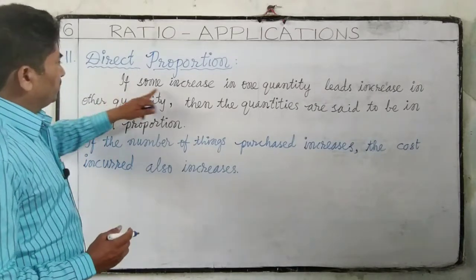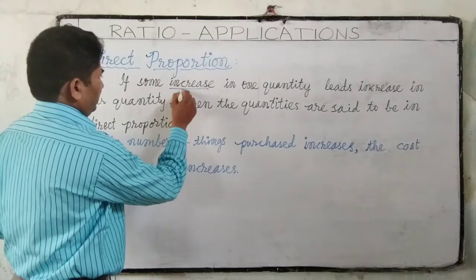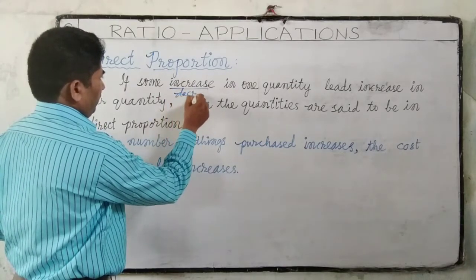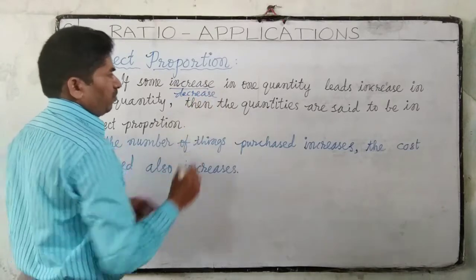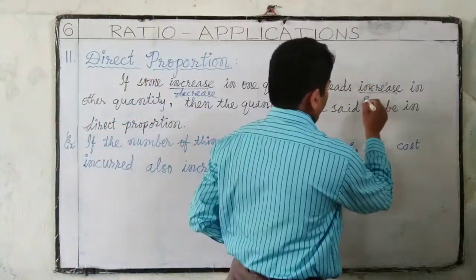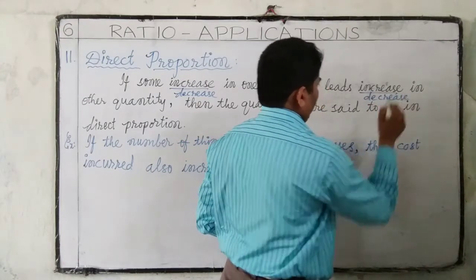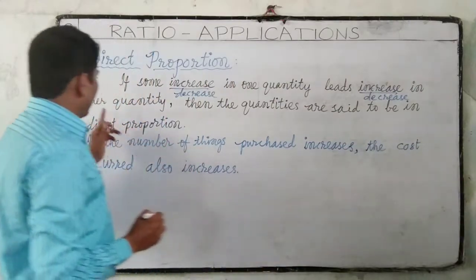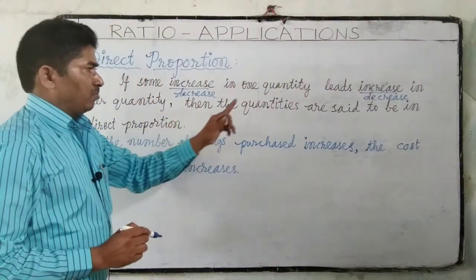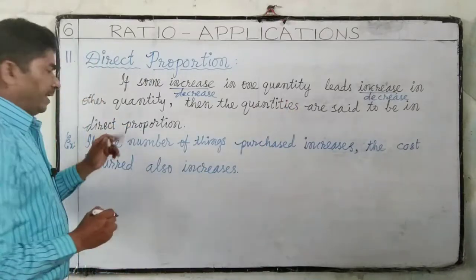Or if some decrease in one quantity leads decrease in other quantity, then the quantities also said to be in direct proportion.